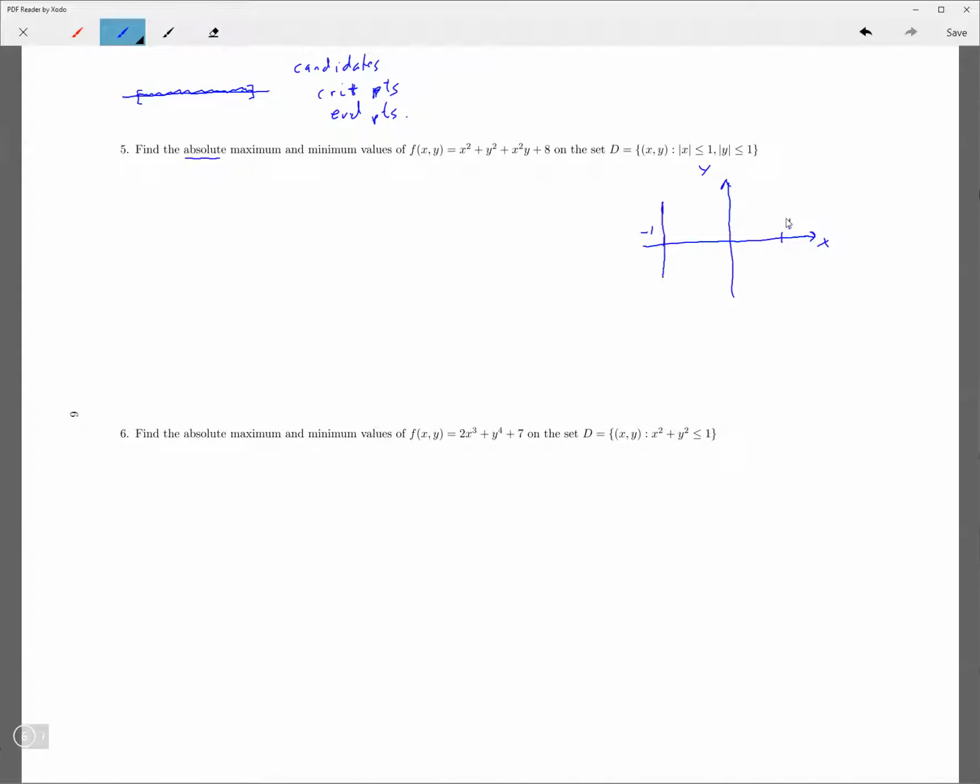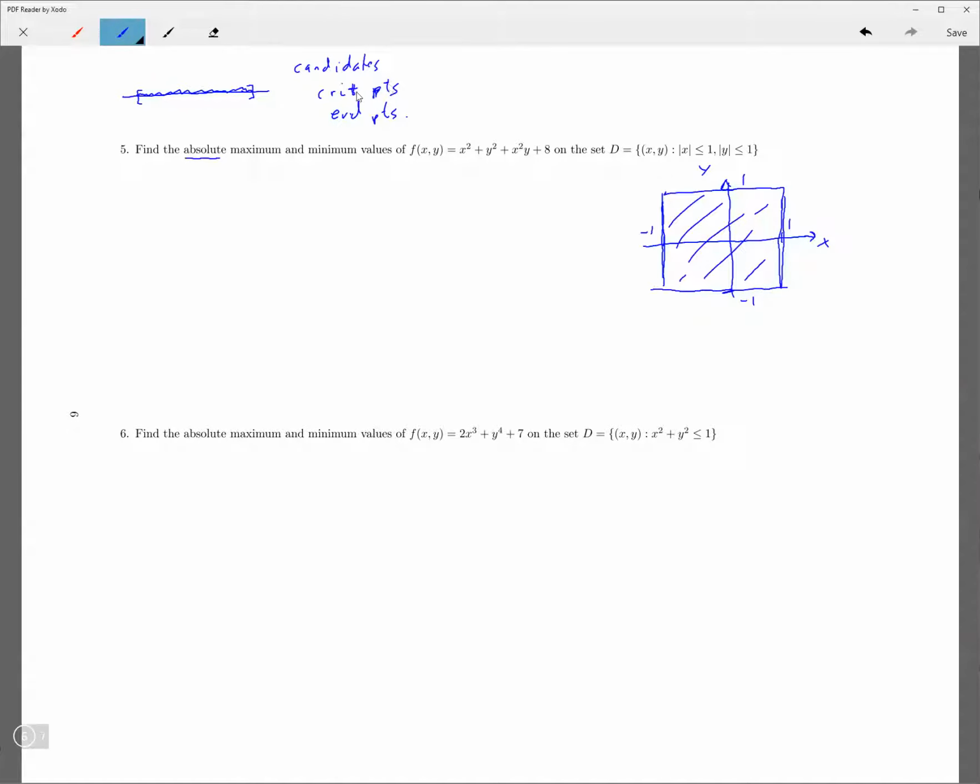So that's the boundary this way. According to this first one, it's everything between those two. And according to the second one, it's everything between those two. Okay, so instead of having an interval like this, you have everything inside this square right here. So you got everything inside the square as opposed to everything on an interval.